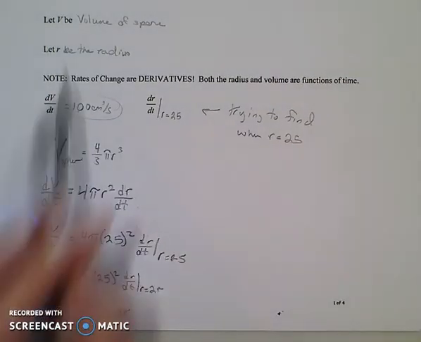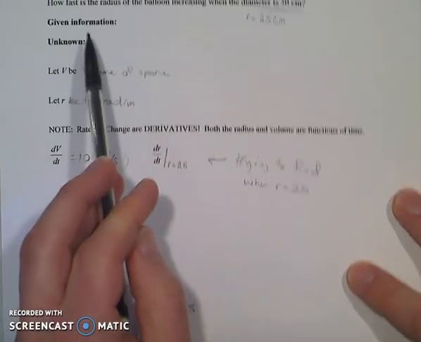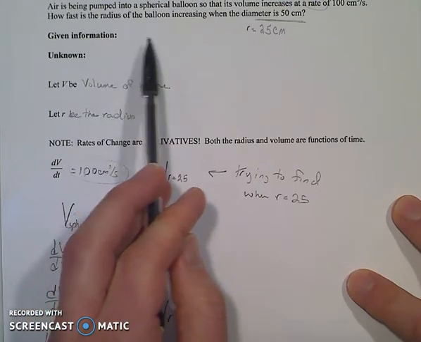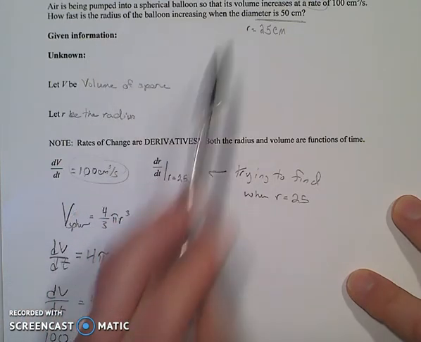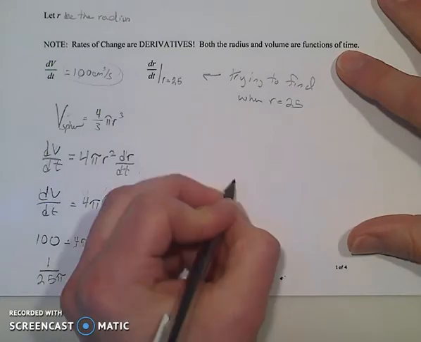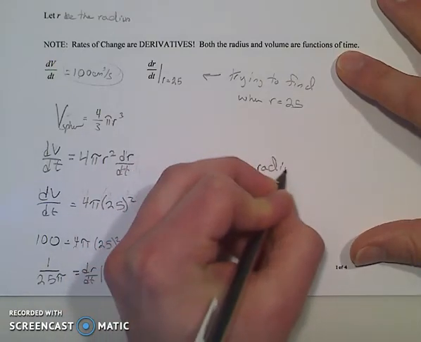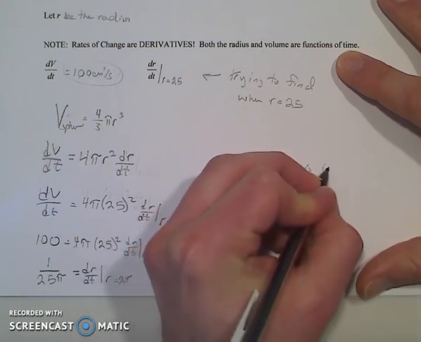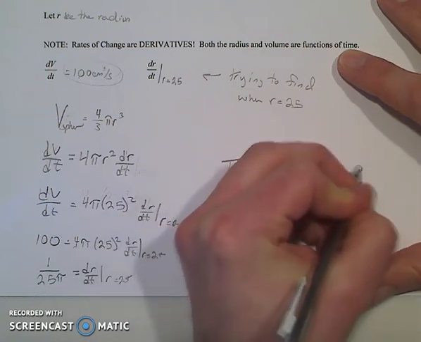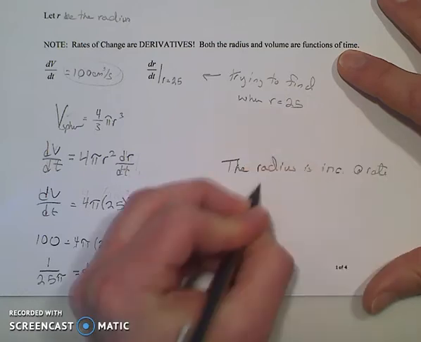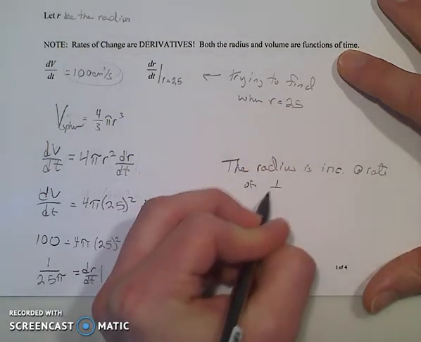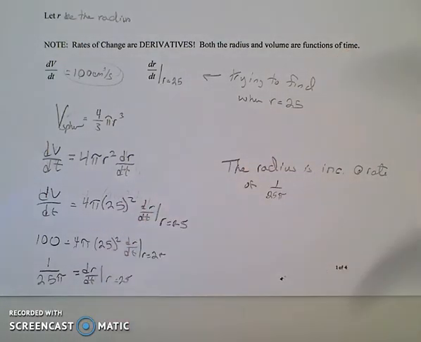So our final answer is we're looking for how fast the radius of the balloon is increasing when the diameter is 50 centimeters. So the radius, and this is how we want to write it, the radius is increasing at a rate of 1/(25 pi). Well, let's think of the units now.